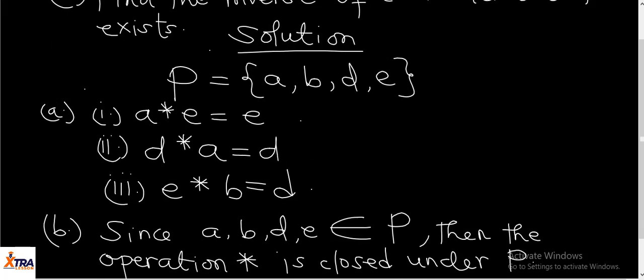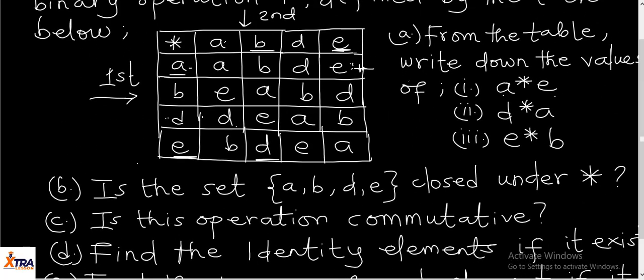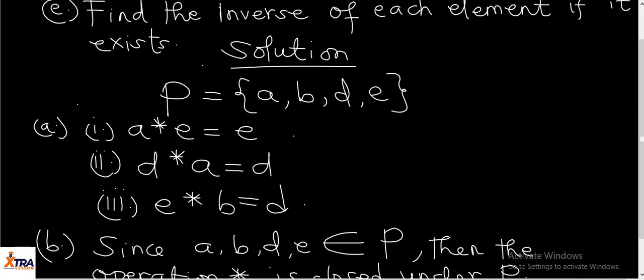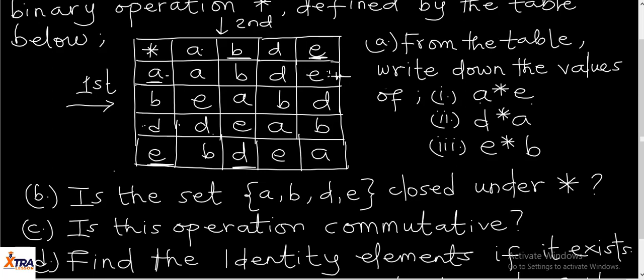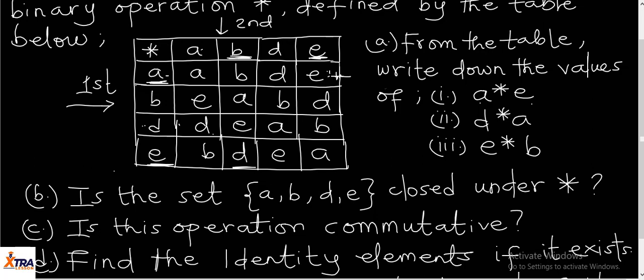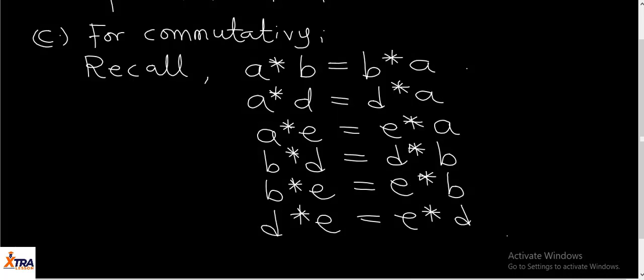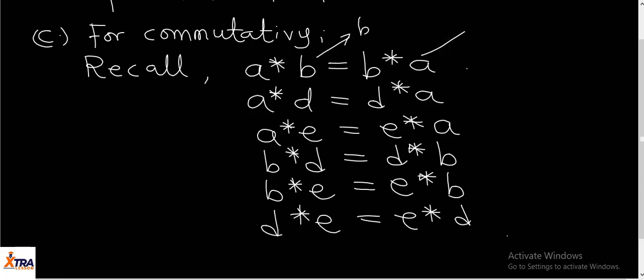From the table, we realize that A operation B is B, while B operation A is E. So A operation B is B, and B operation A is E, meaning they are not equal.